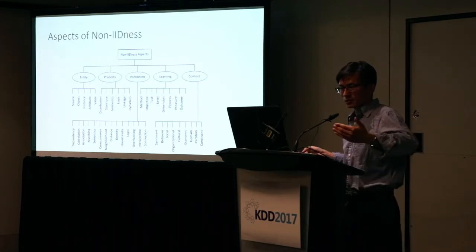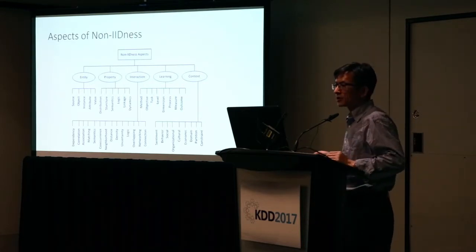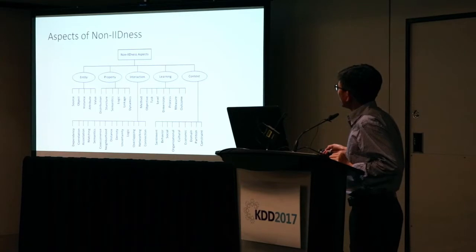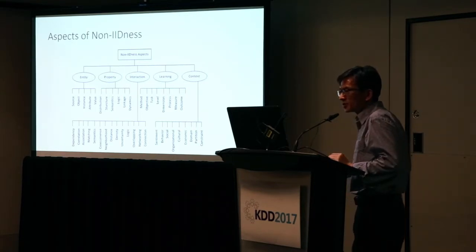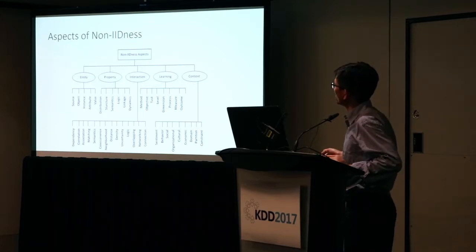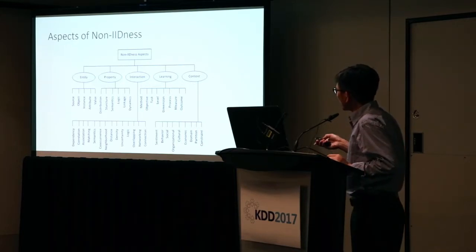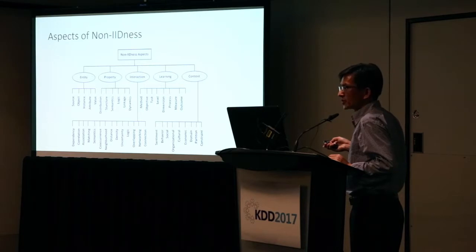What is actually the real problem of non-IID learning? We thought about this from many perspectives, in a much deeper and more comprehensive way, about this non-IIDness. That could stem from particular aspects like entity and property of entity, the interaction between entities, for example, and then the learning, the system, and the context.